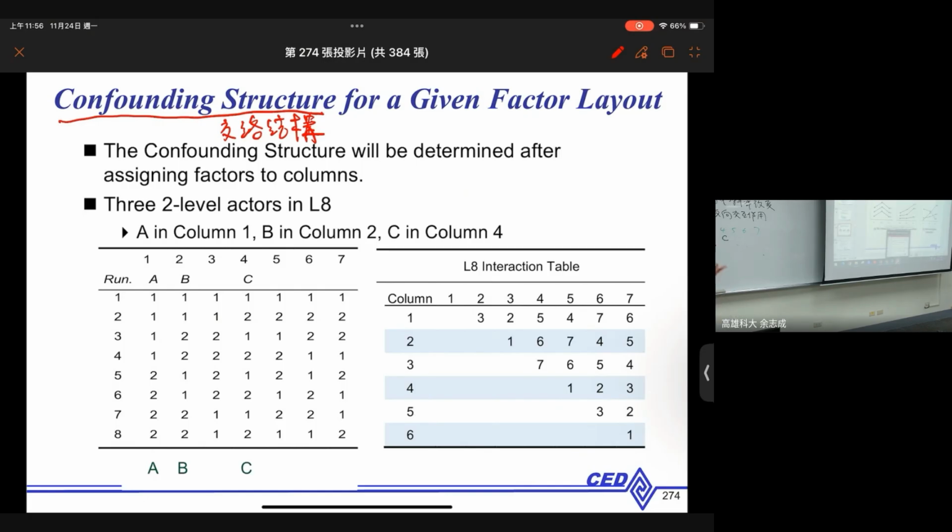Fill out this form similar to the one in your lecture note and upload it into the Zooview. Here, A, B, C are assigned to columns 1, 2, 4. So please find out the confounding structure. I have almost finished it for you. There are 2 more interactions.